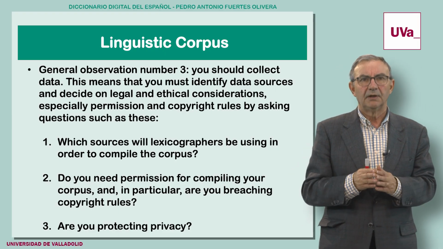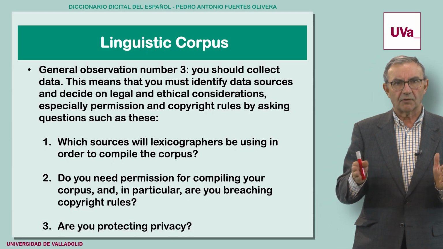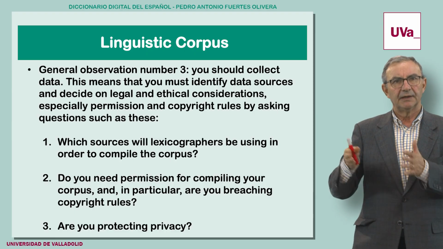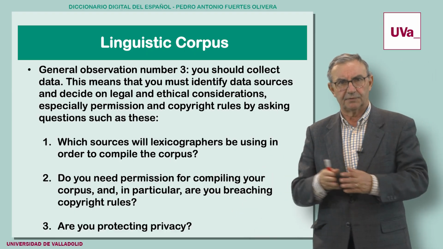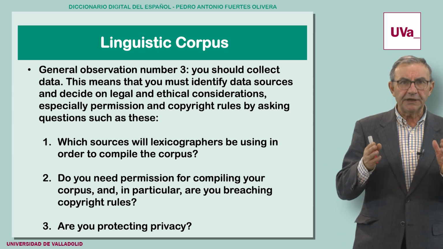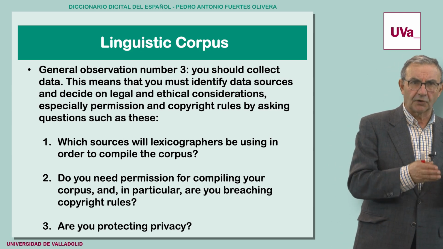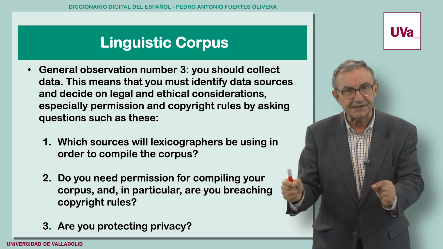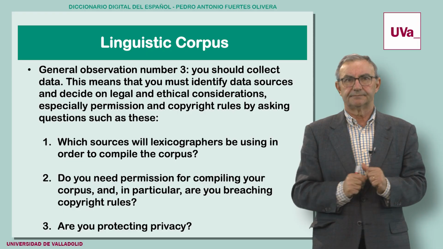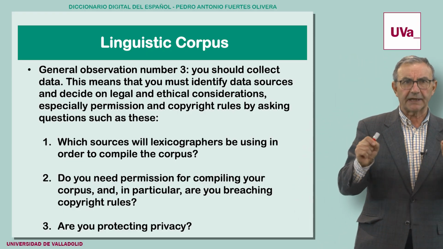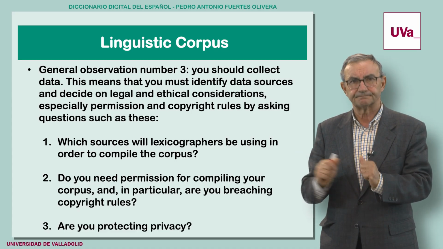A. Which sources will lexicographers be using in order to compile the corpus? B. Do you need permission for compiling your corpus? And in particular, are you breaching copyright rules? C. Are you protecting privacy? Etc.